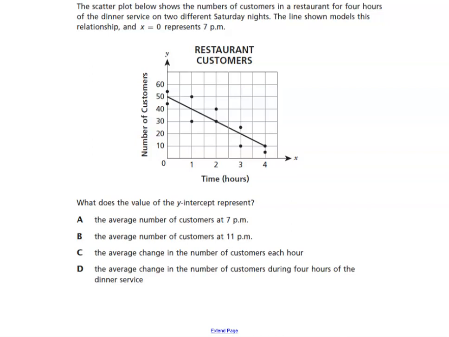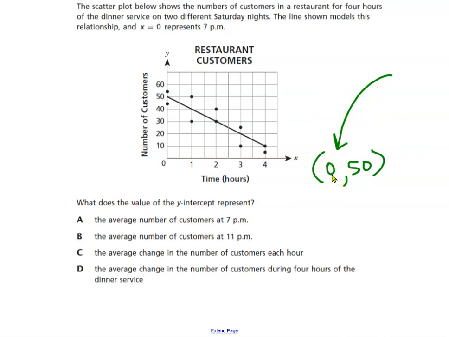So don't forget the Y-intercept is where you touch the Y-axis, right? Where you cross over the Y-axis. So right now, it looks like it represents 0 on the x-coordinate and about 50 on the y-coordinate. So what they want you to do is find meaning and context. What does that 0 mean?